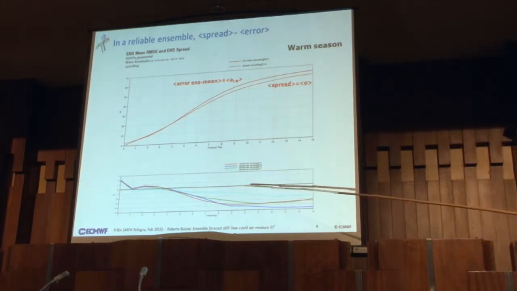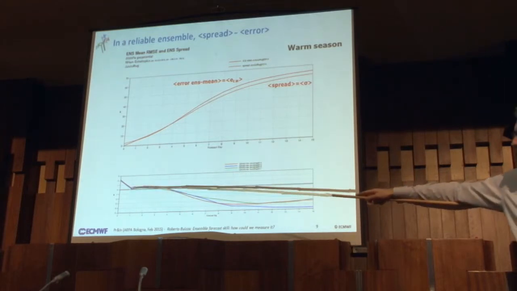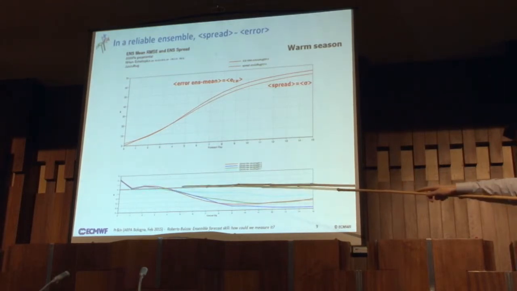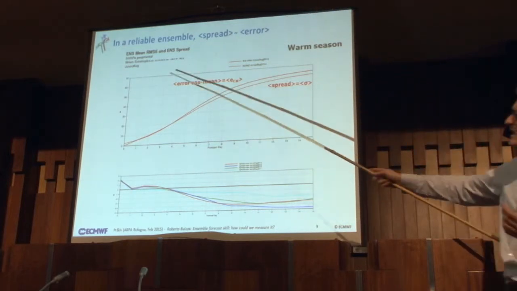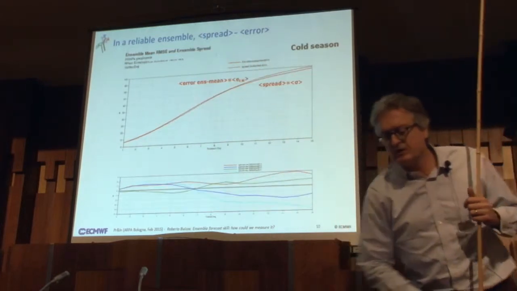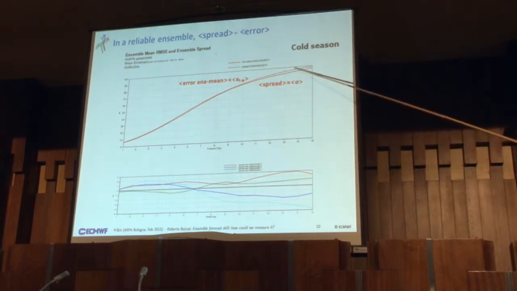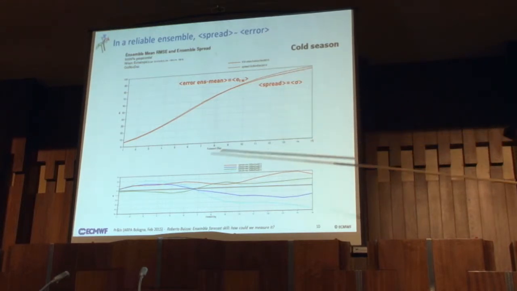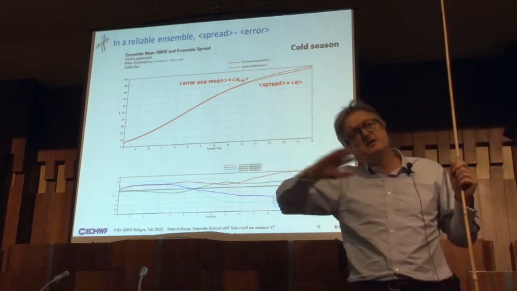This down here is the difference between the two for the past 4 years in the summer, where you see that there is a very good reliability up to day 7, say, but then there is some under dispersion. This is for geopotential height at 500 over another hemisphere. If you look at winter, again the last 4 years, it is much closer, okay? The difference is of order 5% at the end. So the system is very reliable, more in winter than in summer.